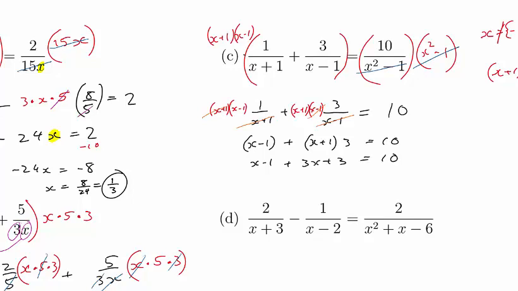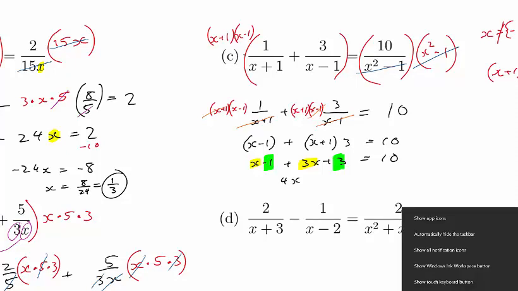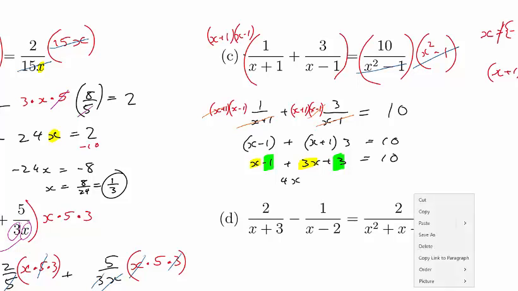And so we've got an x here and a 3x here. Those guys combine to make 4x. And then we've got just two constant numbers, a negative 1 and a positive 3 there. And when you combine those, you get a positive 2, and that all equals 10.